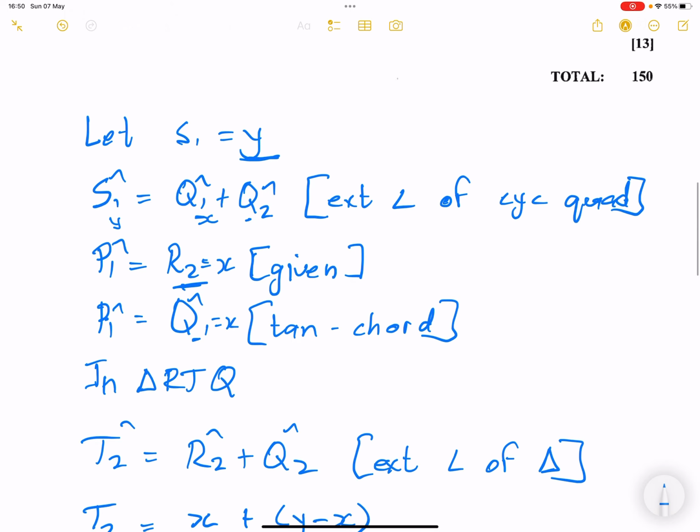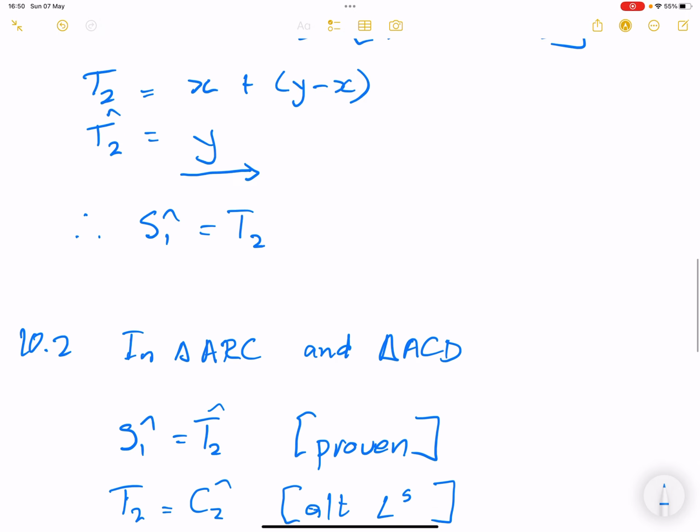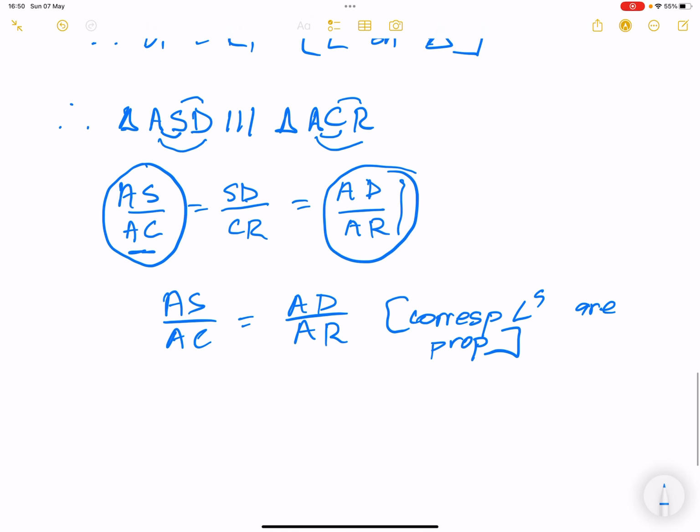I've got AS, there it is at the bottom there. We said we've got AS over AC, which is equal to AD over AR. But we must also keep in mind that we've got that as well, right? We've got SD over CR.